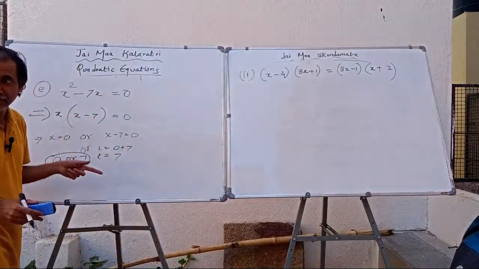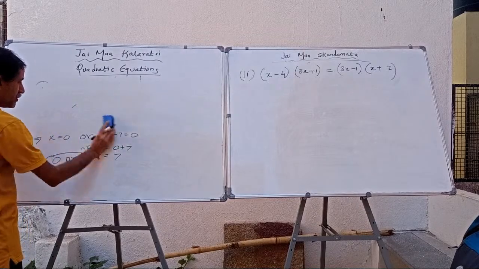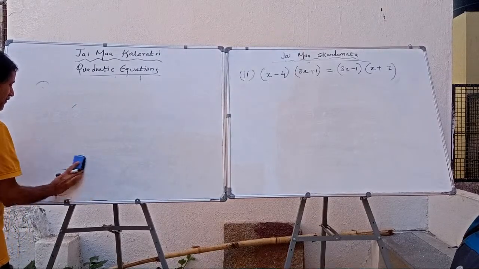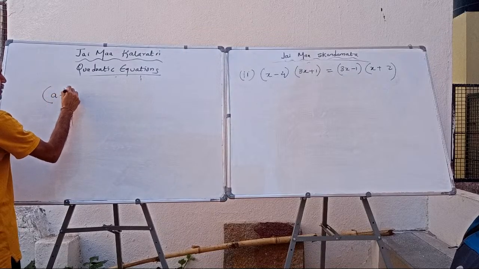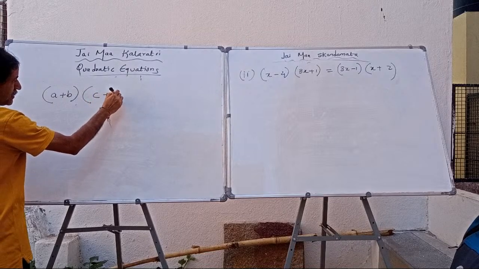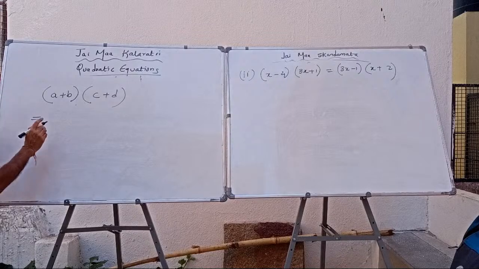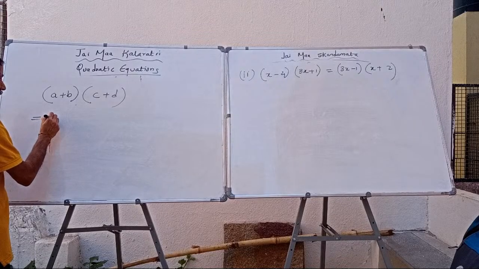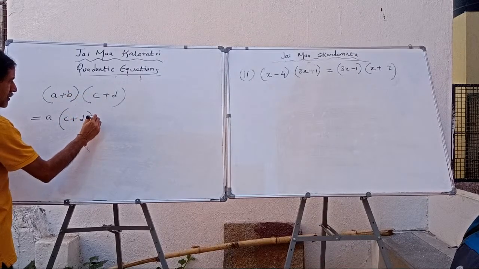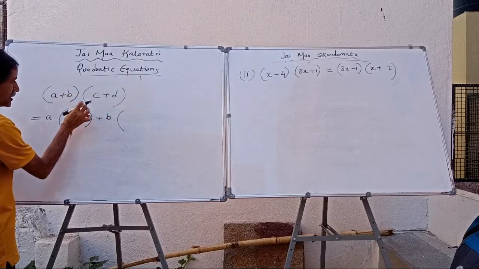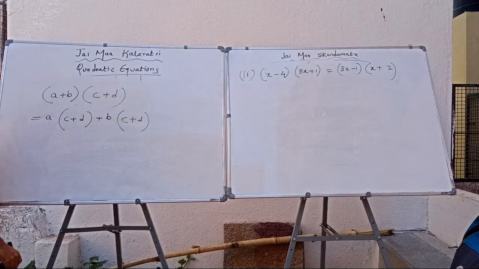Are we done with this? Sid, have you copied? For that, let me ask you one simple thing. What about this? A plus B, C plus D. What will be the value? See, what I'll do is, I'll take A, first term, multiplied with everybody, plus B, I take it, multiply with everybody. Can I do it this way? Yes.